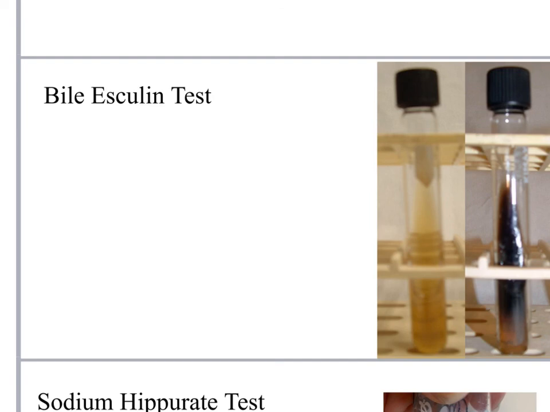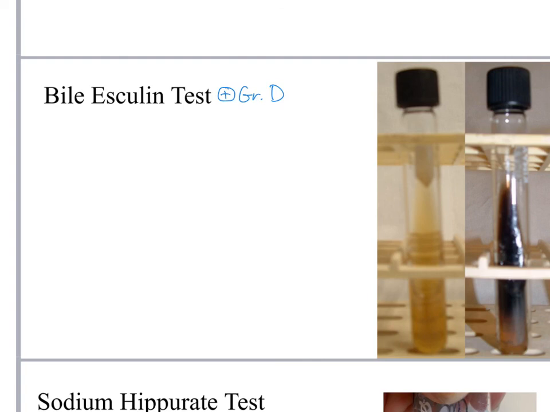The bile esculin test is positive for group D strep. And I didn't really talk about which of our streps was group D. It's actually the Enterococcus that is in Lancefield group D. So if you suspect that you have Enterococcus, by all means inoculate a bile esculin test and that will tell you for sure. This one's easy to read.